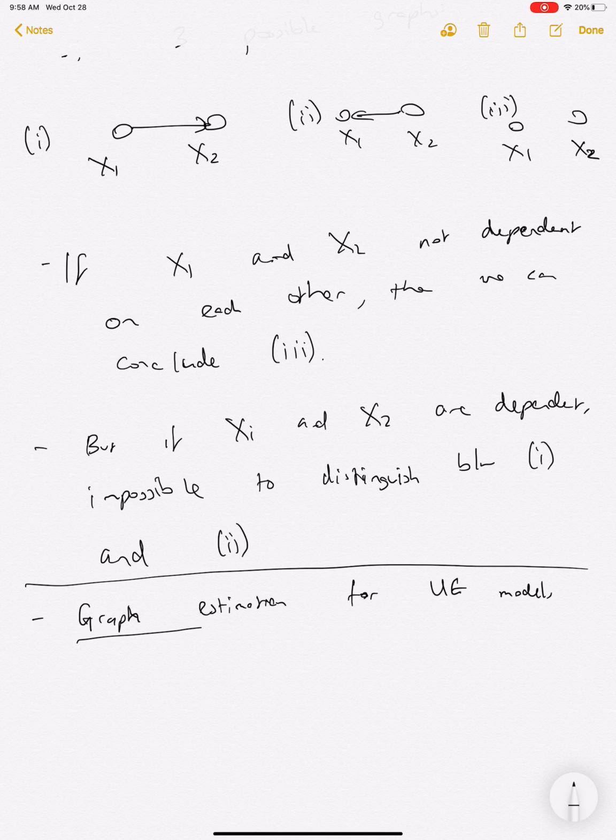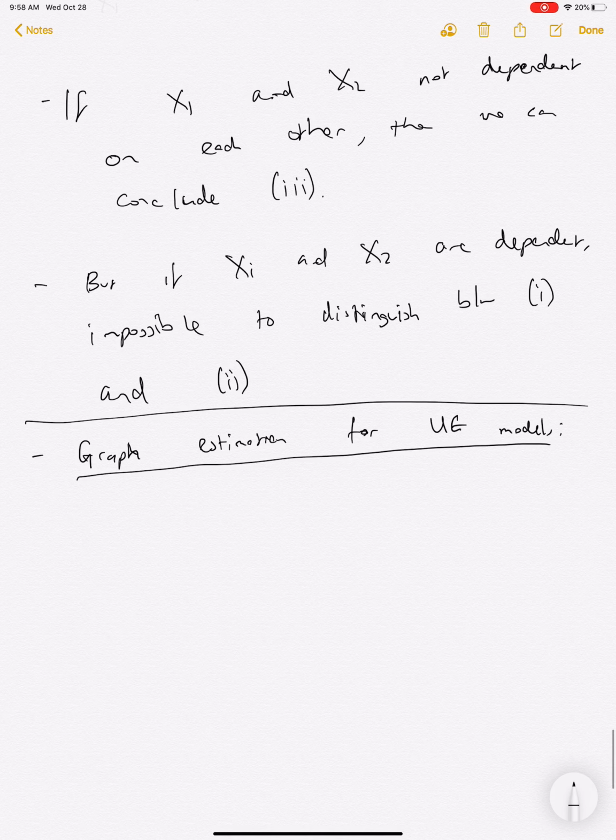This is an area of significant interest because estimating graphs is quite important in a lot of areas of science, like neuroscience, biology, and so on, because graphs give a good visual representation of the dependencies between different features of interest.